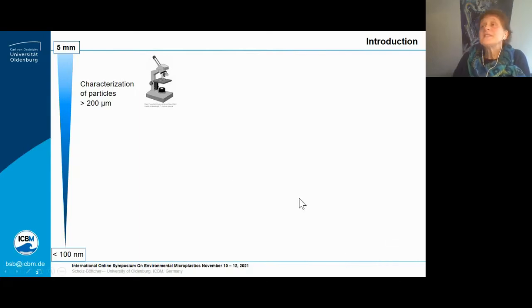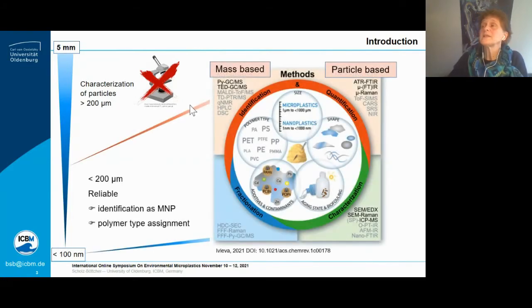Therefore, the characterization is very important, and for a long time it has been practiced by optical methods and even directly picking particles from samples. But by now, this is not enough for reliable identification and quantification of microplastics. And a lot of methods have been developed over recent years.